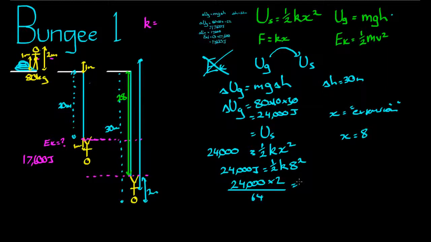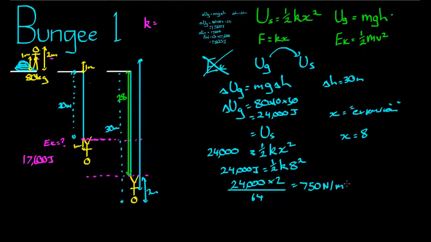And we find k is equal to 750 newtons per meter. Newtons per meter being the units for k.